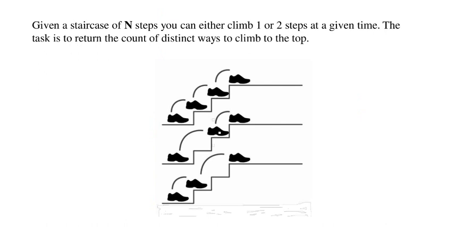The only constraint is, at a time you can climb only 1 step or 2 steps. That's mandatory. When I have 7 steps, first I take 3 steps, then again 3 steps, and finally 1 step. That is a wrong solution. Absolutely, that was the wrong solution. You are violating the constraint. The constraint is you can climb only 1 or 2 steps at a given time.